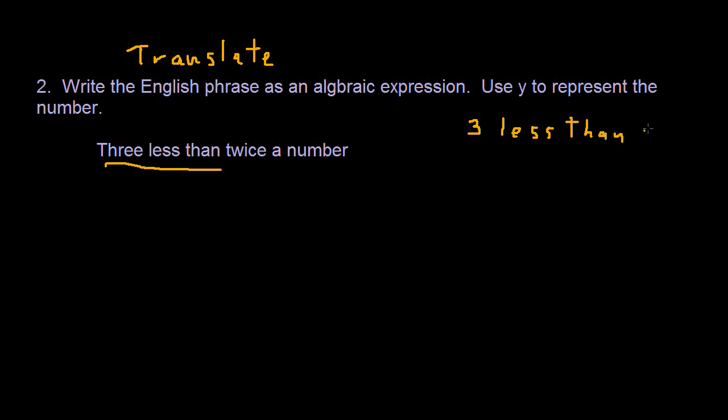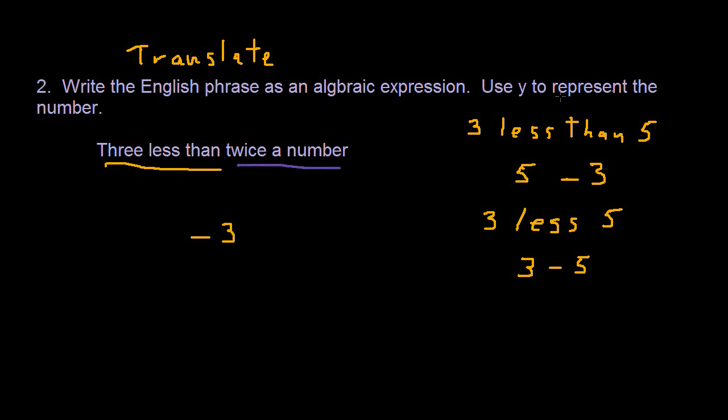How about what's 3 less than 5 mean? It means to subtract 3 from 5. That's different than if we had 3 less 5. 3 less 5 means 3 subtract 5. So there's a difference. In our case, we have 3 less than something, so we want to subtract 3.